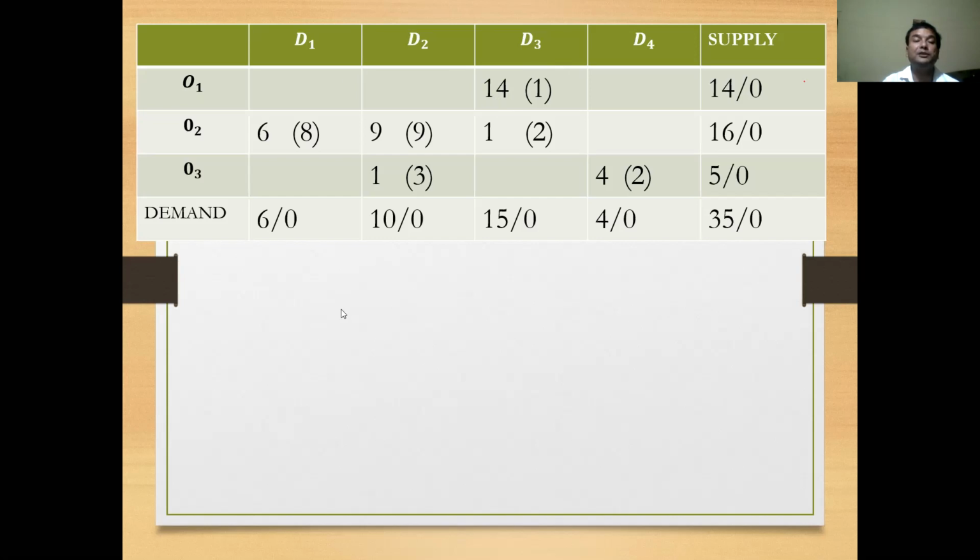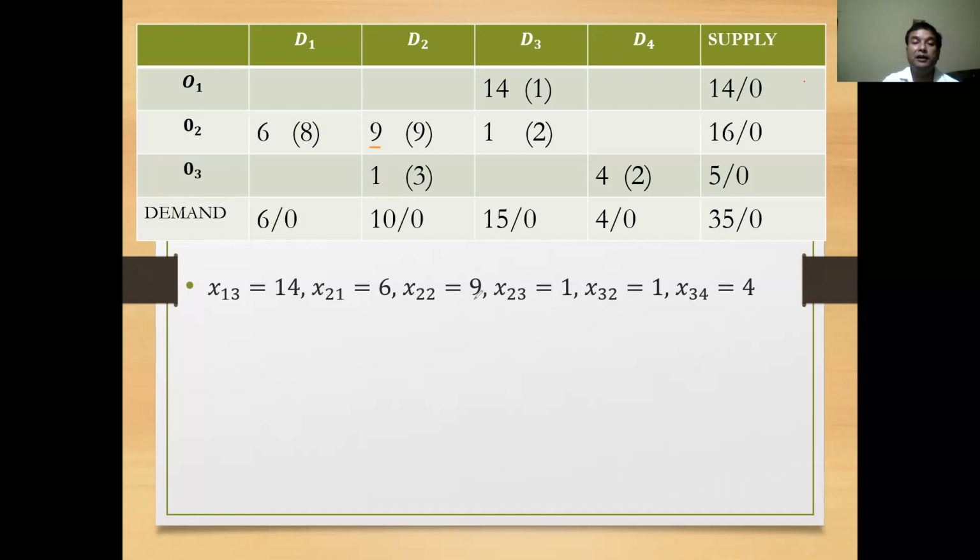So that will be written as x13 is 14, then x21 is 6, x22 is 9, then x23 is 1, then x32 is 1, and x34 is 4. So that part is done.